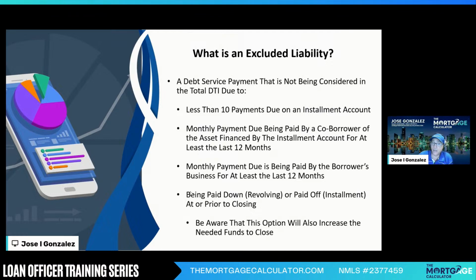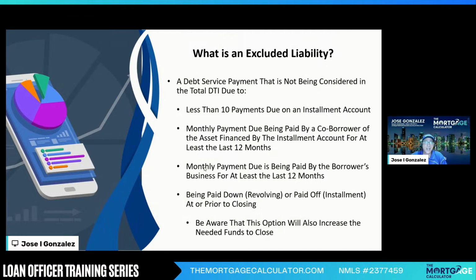Depending on the LTV, it may say, hey, these collections or charge-offs can remain unpaid, but it may also tell you about adding 5% of the balance to the payment. So just read your findings and see what they state so that your LTV is correct, and so that your borrower can benefit from all of these situations to exclude these liabilities, but that the DTI at the end is correct, right?